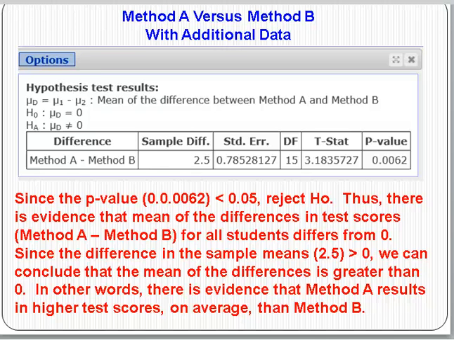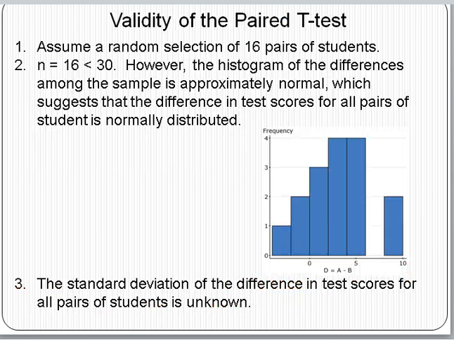Okay, lastly, I want to look at the validity. For the validity, I need to examine the differences, because for validity we want to have a random sample of 16 pairs of students. Let's assume that these students were randomly selected.